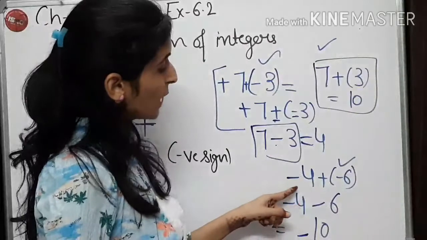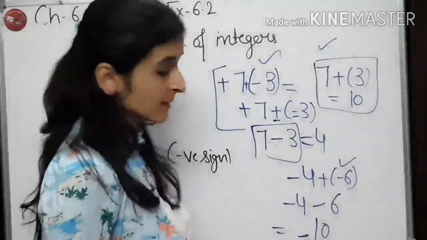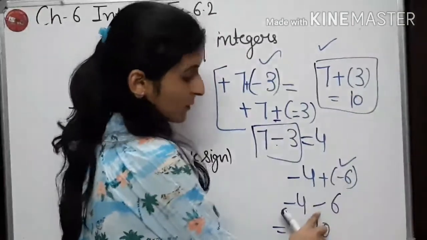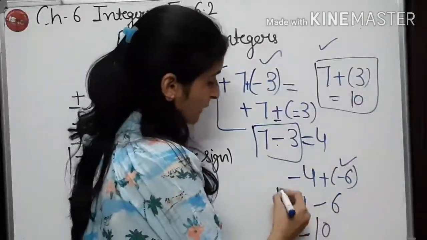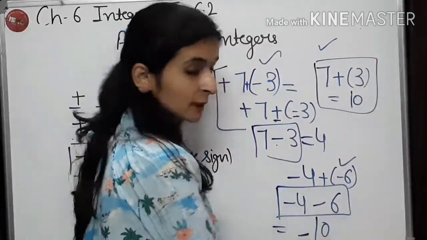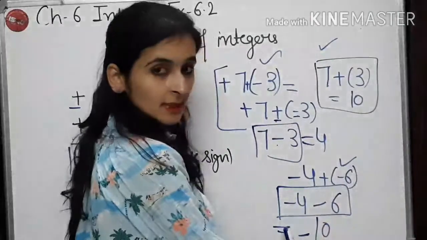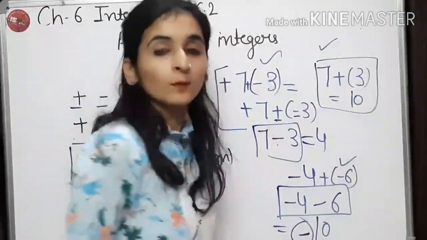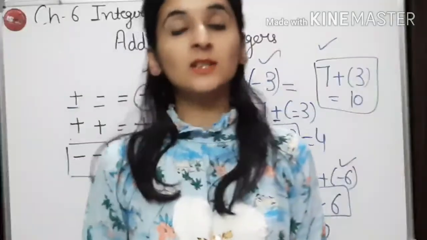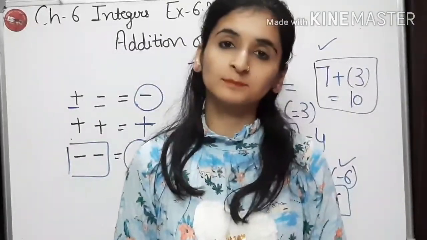But when you have two negative signs, minus 4 plus minus 6, then plus minus will become minus, minus 4 minus 6. Now we have two negative signs, minus 4 and minus 6. Then we will add. 4 plus 6 is 10, but the sign will be negative. Right? For better understanding of addition of integers, now let's go through this clip.